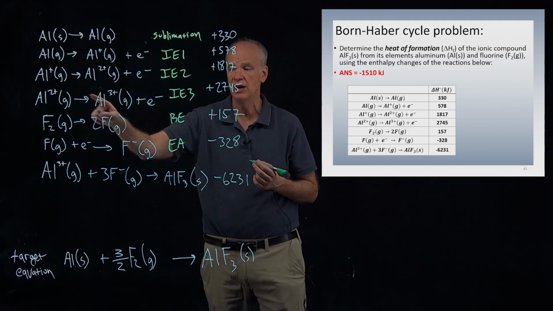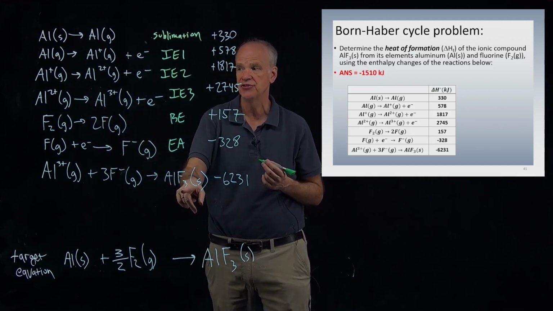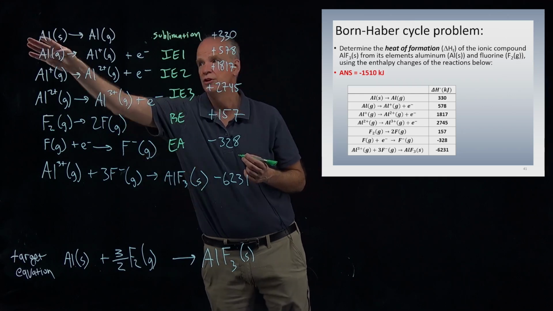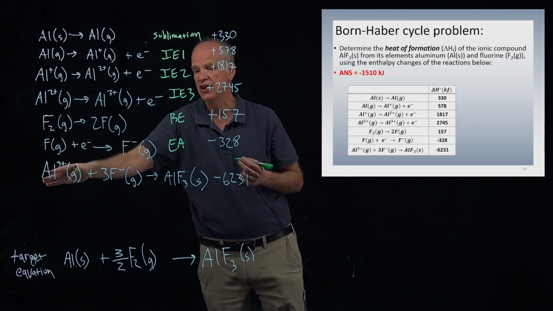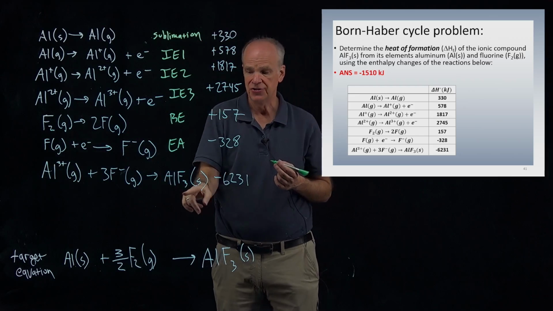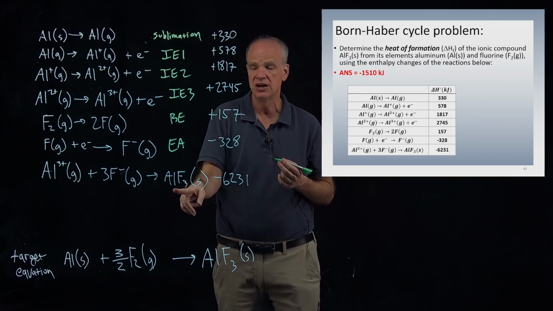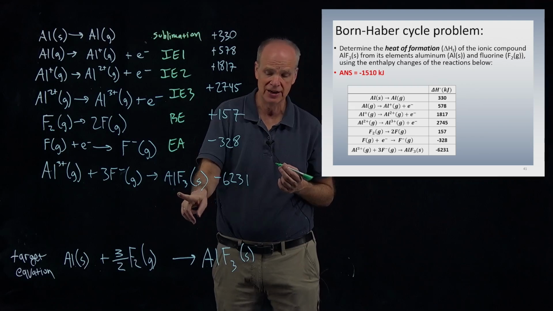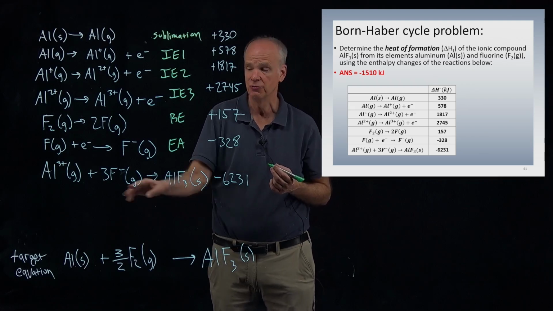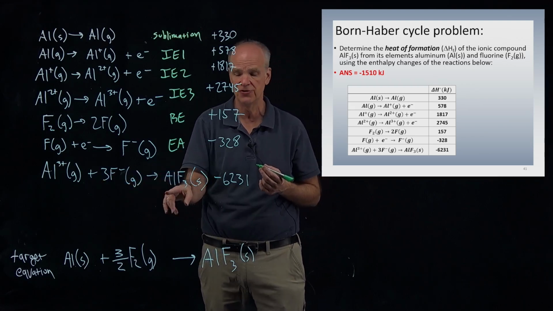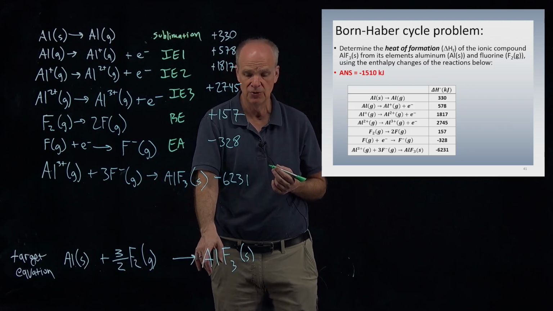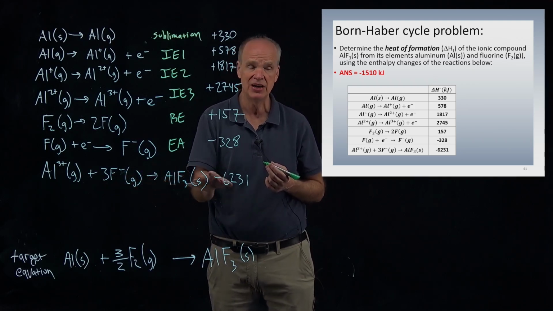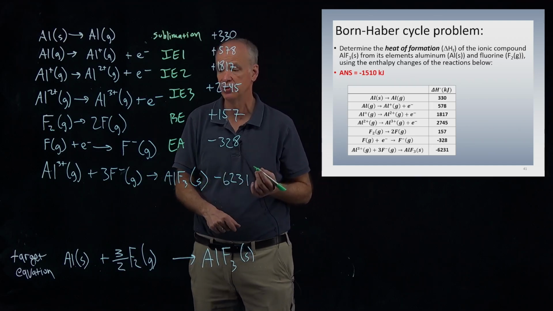There's only one equation here that shows that, and that's the last equation, the seventh equation down. And so you can see in the seventh equation down, the aluminum fluoride solid is also a product. And so the good news is we don't have to flip this over. Furthermore, in the target, we have 1 mole of this and we have 1 mole of this. And so we don't have to add coefficients either. So that's really good news.